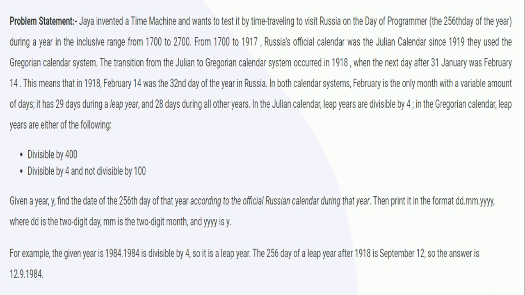Given a year Y, find the date of the 256th day of that year according to the official Russian calendar during that year. Then print it in the format day, month, year. Day is the 2-digit day and month is the 2-digit month and year is Y. For example, the given year is 1984. 1984 is divisible by 4, so it is a leap year.